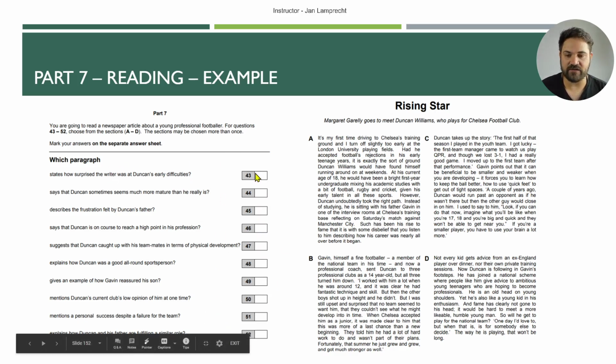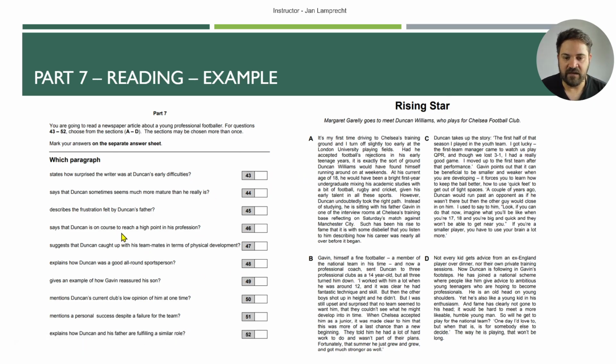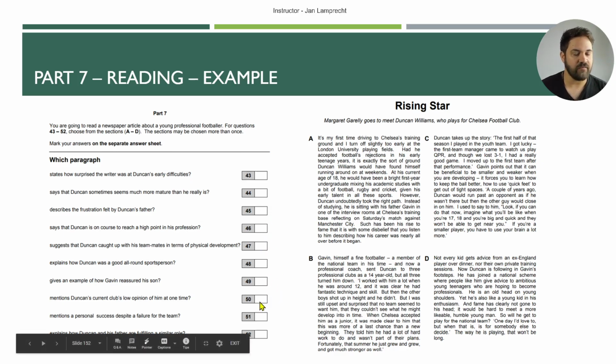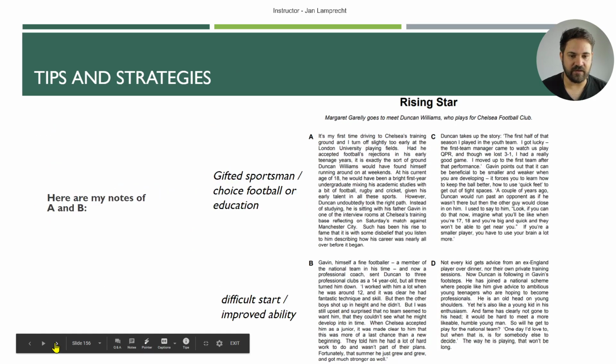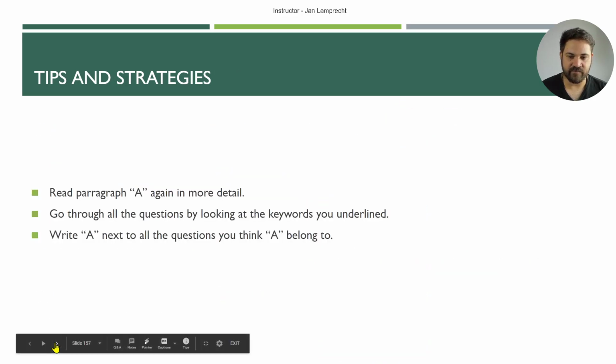So you might read through them, you look at your keywords, you look at your summary, and you only focus on this paragraph, you only focus on A now, and you would write A here, here, and here. For example, maybe you have 2 or 3 or 4. So you have written A in all the ones you think are possibly connected.